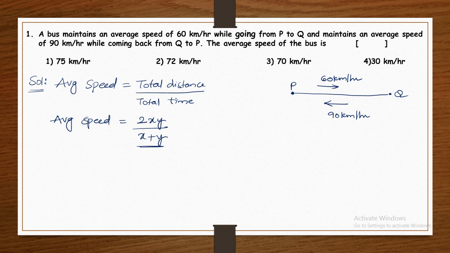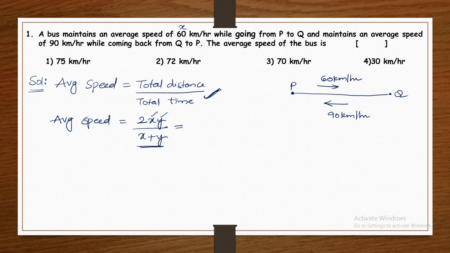This particular formula is obtained from the previous formula only, right? Here x is the first speed and y is the second speed. This formula is applicable only when the to and fro distances are the same.